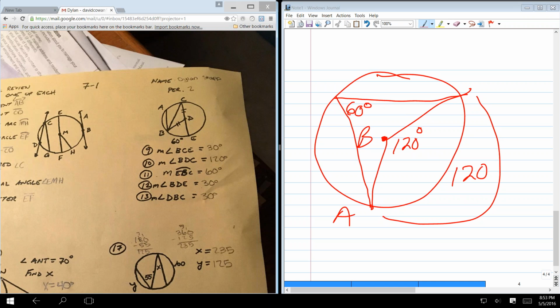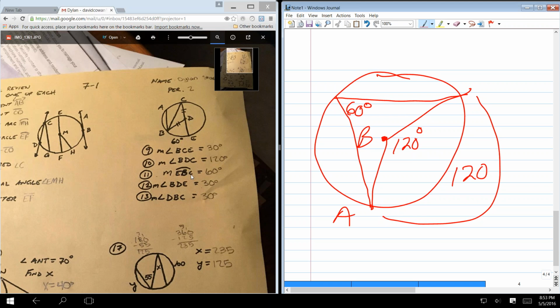That would have to be 60. So you only really have two angles. You have a central angle, which is equal to the arc, and you have an inscribed angle, which is half the arc.